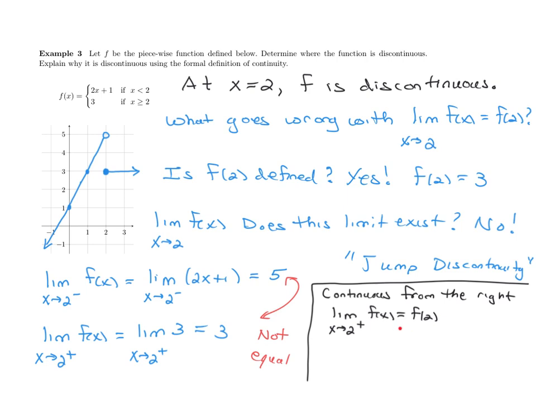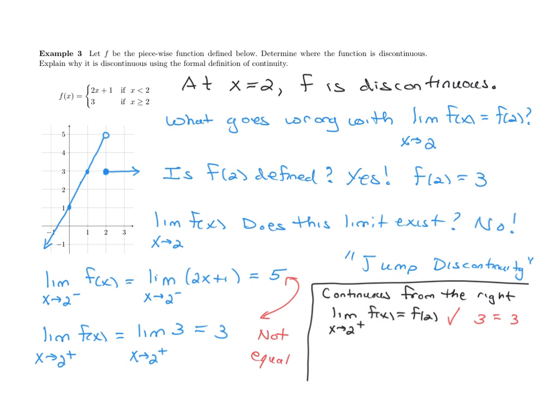And we've done all the work to demonstrate that this is true. If you only consider the right side, the limit we saw was equal to 3, and the value of the function at 2 is also 3. So in fact, this thing is continuous from the right, essentially because we showed that the limit, 3, is equal to the value of the function at 2, which is also 3.